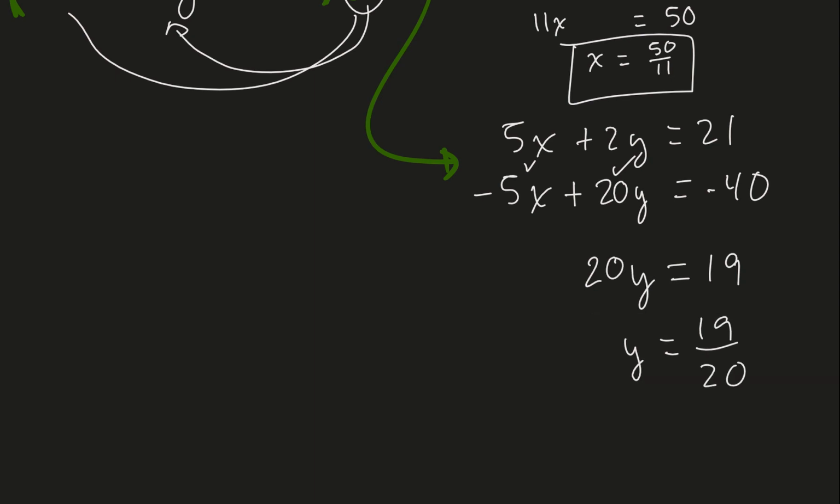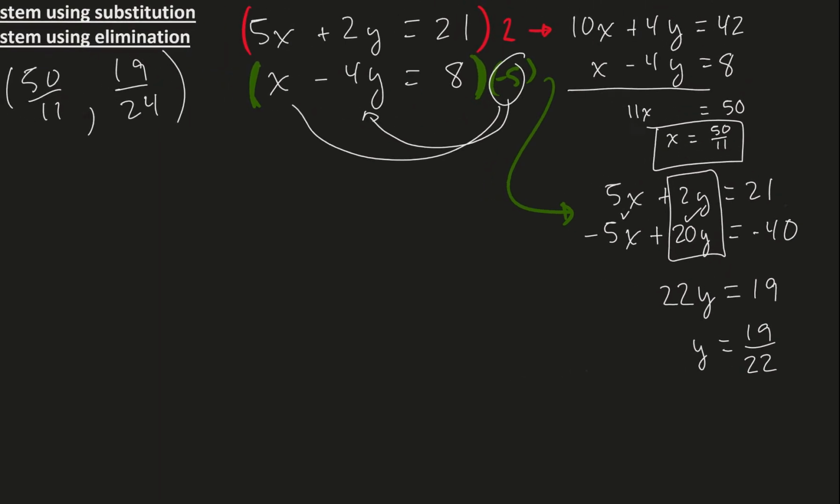Let's not do errors twice in a row. We're combining these. 2y plus 20y is 22y. And when I divide both sides of that by 22, I do get that y is 19 over 22.